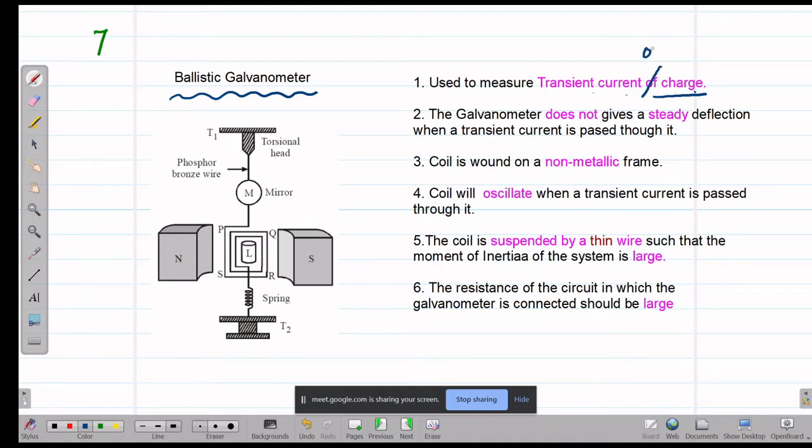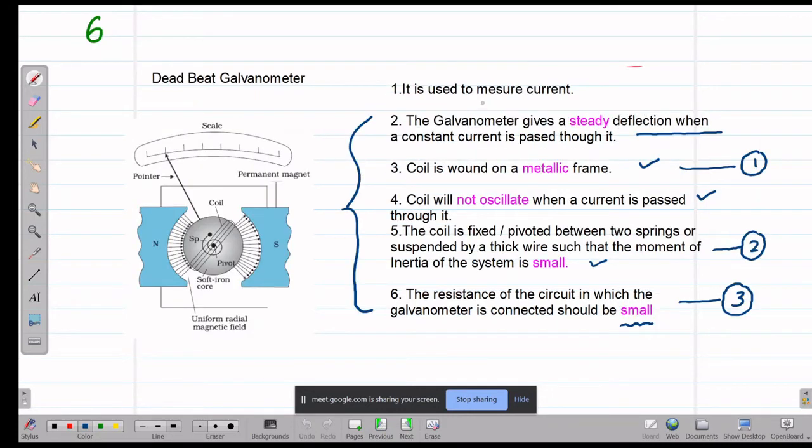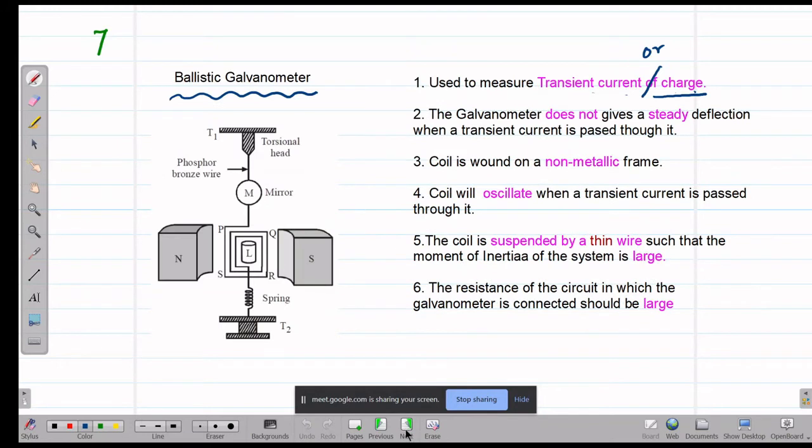It should be transient current or charge. While in the case of a deadbeat galvanometer, it measures current. So the first difference between deadbeat galvanometer and ballistic galvanometer is that the deadbeat galvanometer measures current while the ballistic galvanometer measures the charge that flows through the coil.